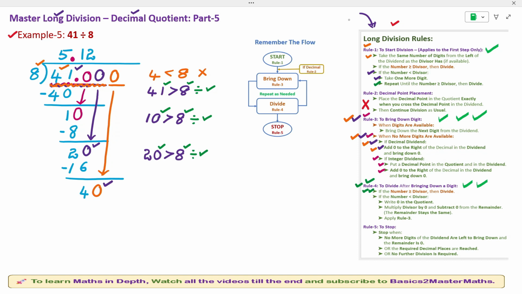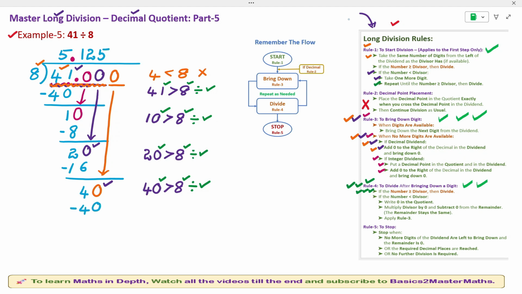Now, the number becomes 40, which is greater than the divisor 8. Let us apply rule 4 again. If the number is greater than or equal to the divisor, then divide. 8 fives are 40.